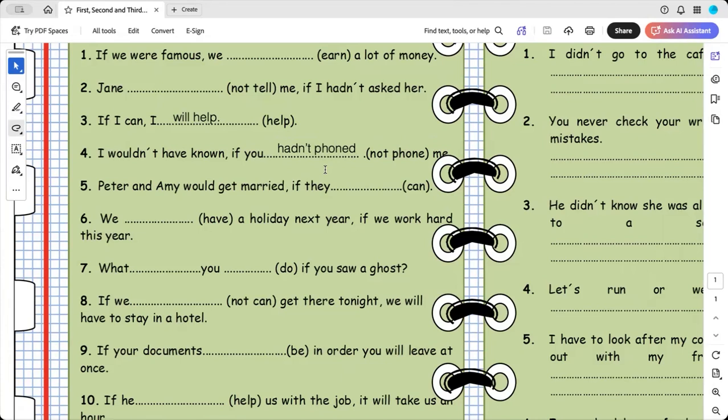Now I know what you're saying. Phoned is past simple, Michael. When you have ed, it's past tense verb and it's the past participle. Number 5: Peter and Amy would get married if they, could.